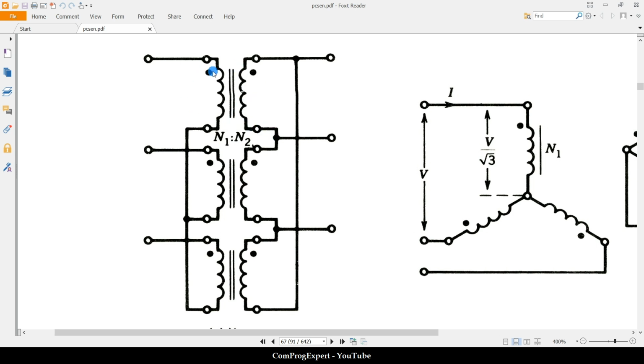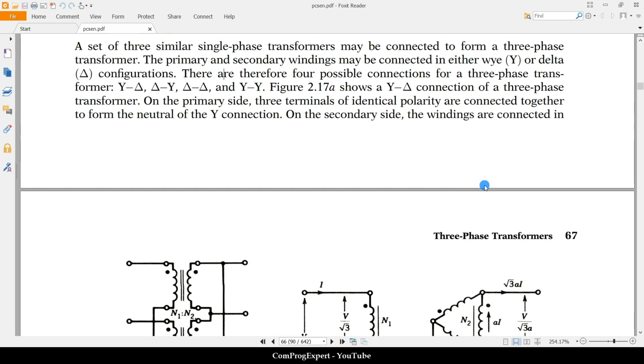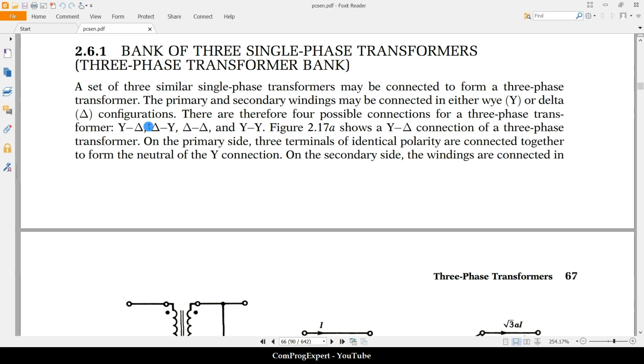We can connect these primary coils in star or Y configuration, or in delta or triangle configuration. Therefore, we have these four possible connections: Y-delta, delta-Y, delta-delta, and Y-Y connection.